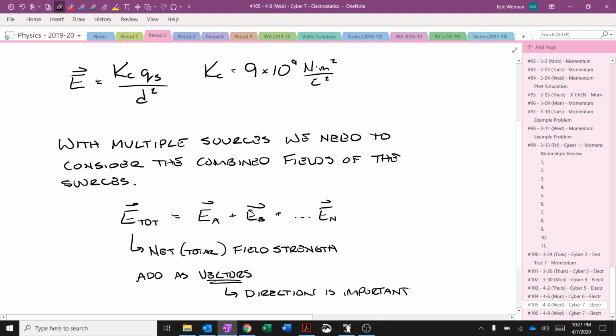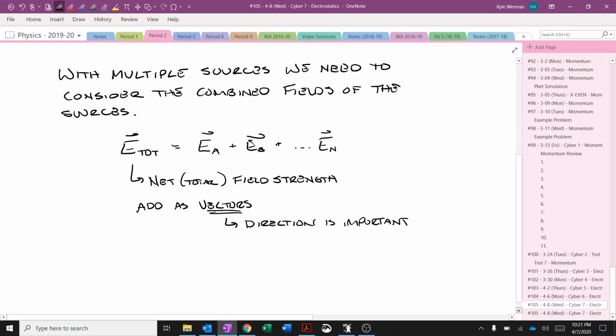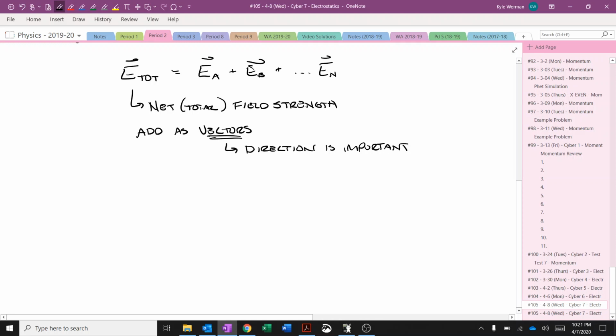So let's look at an example where we have to add a couple fields together, and you'll see how this comes into play. In our example problem, we have two sources. Let's say these are balloons that are rubbed with electrons. One of them you rubbed a little bit more vigorously, so it picked up a few more electrons.